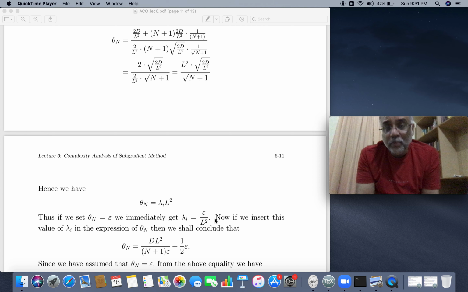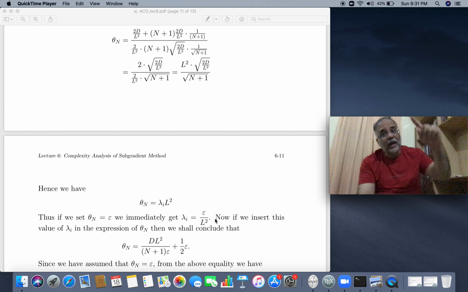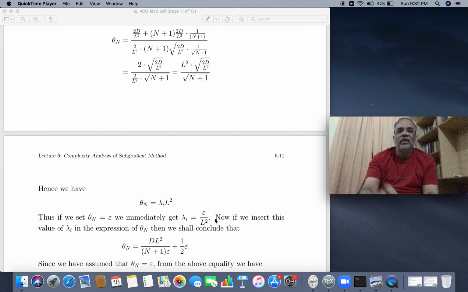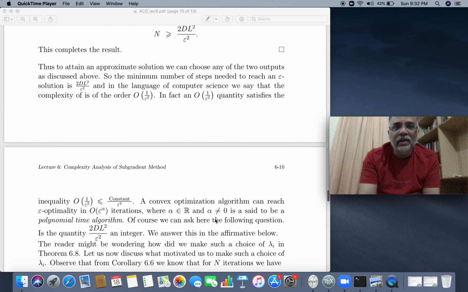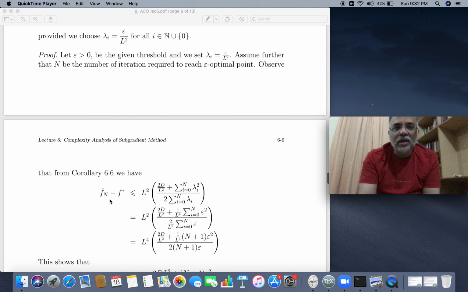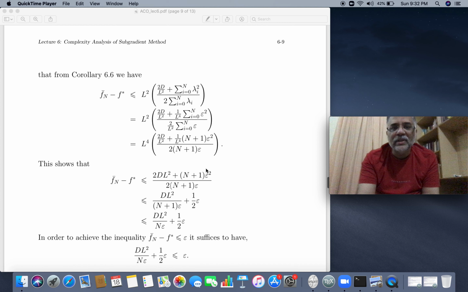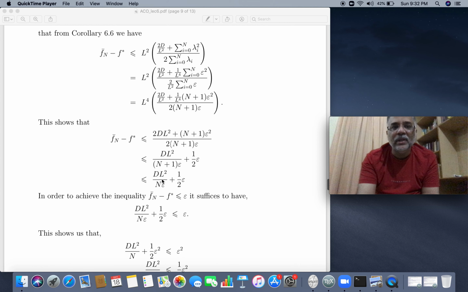Now, this is a very special situation where I have taken theta n to be epsilon. But when I was doing the main theorem, I had not bothered about theta n being epsilon. I have not even written the term theta n. I just chose lambda as epsilon by L square and went through it. So what I did in the theorem was take this whole thing, put lambda as epsilon by L square, did the computation and obtained something like this.